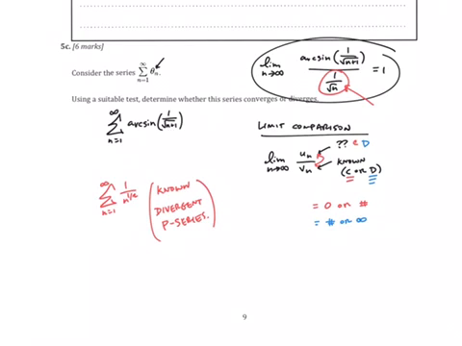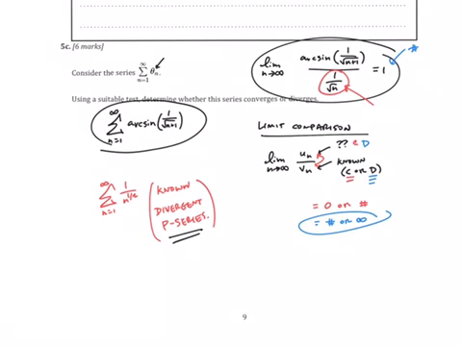Now let me look at divergence, and I should have done this in blue, but whatever. If the limit comparison test comes out to be a finite number or infinity, this is a finite number, then the unknown series will act the same as this. Therefore, this series right here will be divergent by the limit comparison test.